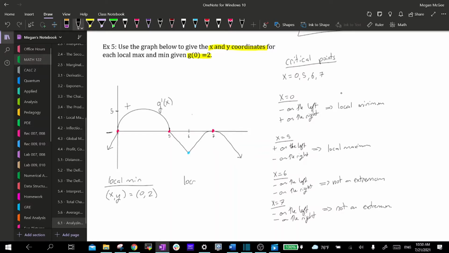For our local maximum, we found that x is equal to 5, but we were not given our function value at x is equal to 5, so we don't know the y-coordinate. How can we find the y-coordinate?